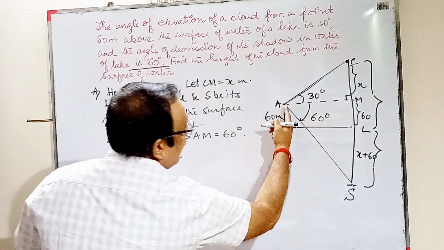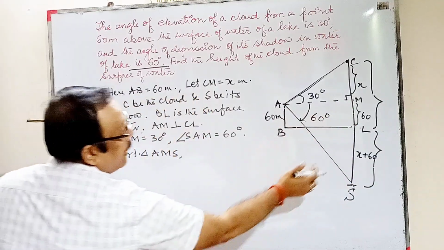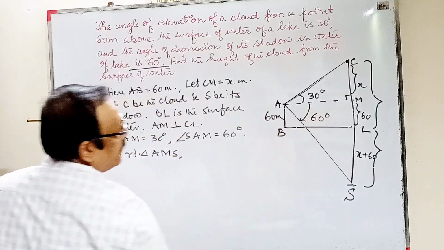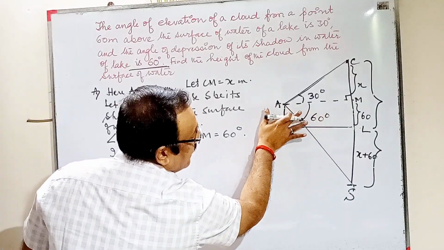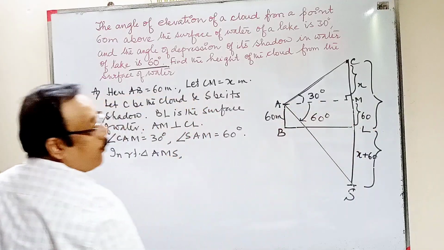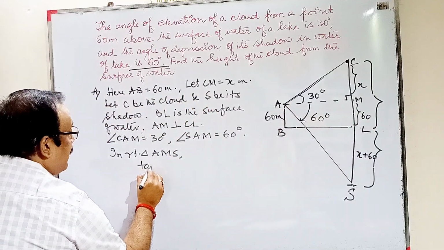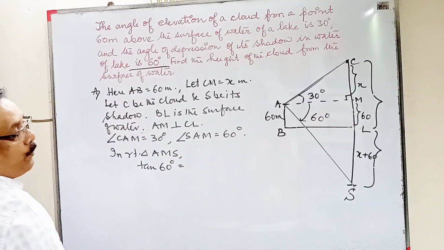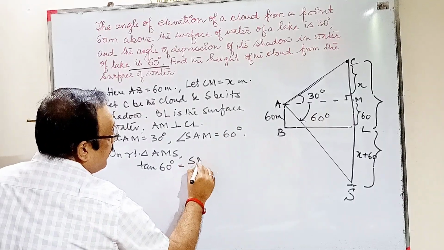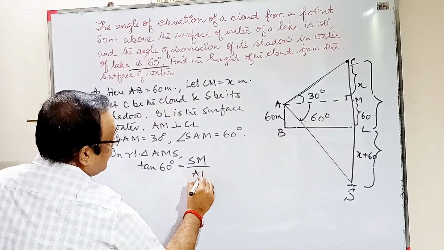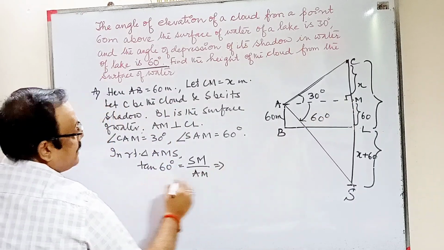So in triangle AMS, this side I know in terms of x and 60, and I need this side. For this angle, this is acting as the perpendicular and this is acting as the base. So which relation is connecting? Tan theta, where theta is 60 degree. Tan theta is equal to perpendicular SM by base AM.